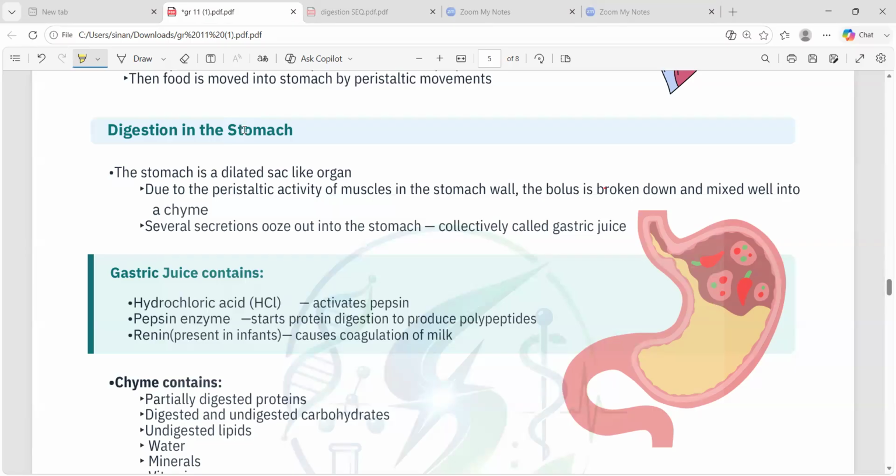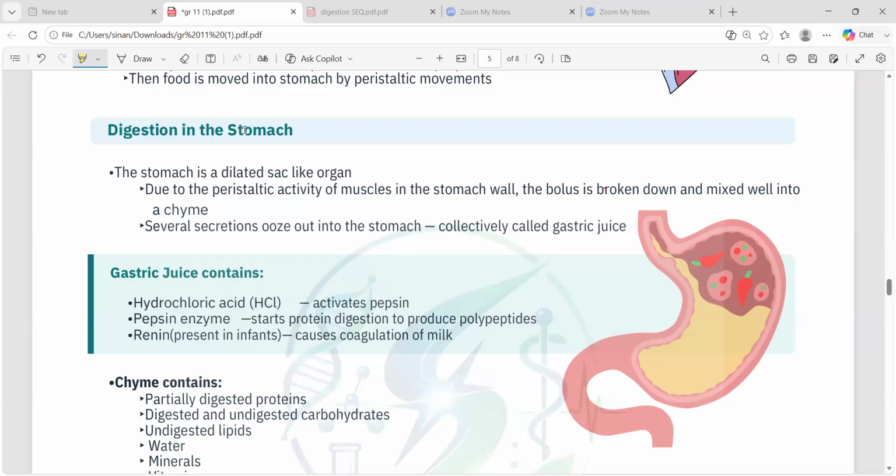This respiratory tract has a gate, a barrier, which prevents the food from entering the respiratory tract. So the epiglottis is moved down and encloses the opening.